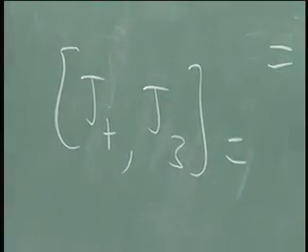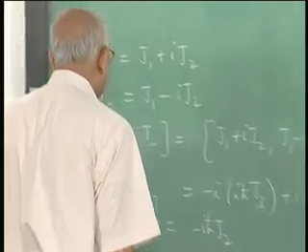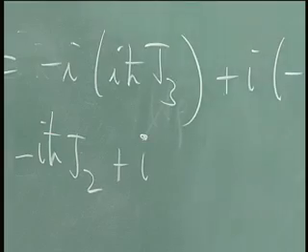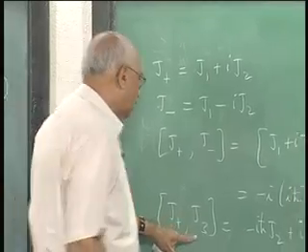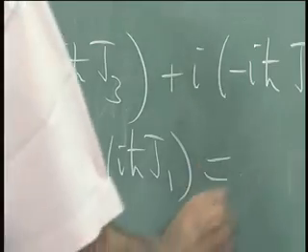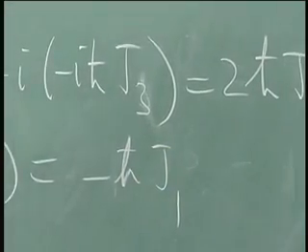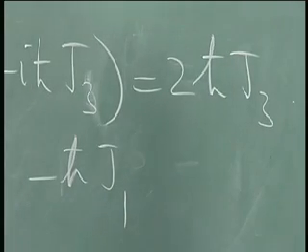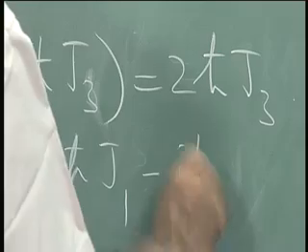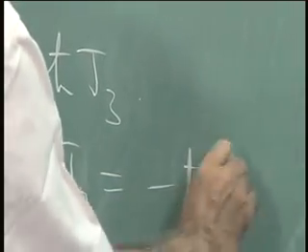That is J1 with J3, that is minus iħ J2, plus i times J2 with J3, that is iħ J1, equal to ħ J1 minus iħ J2, which is equal to minus ħ J plus.